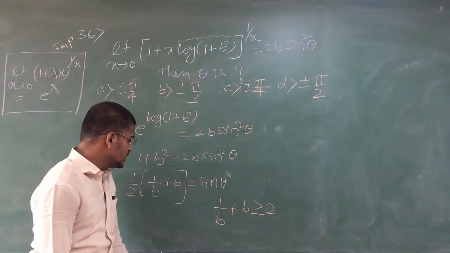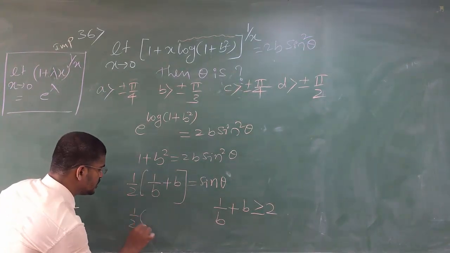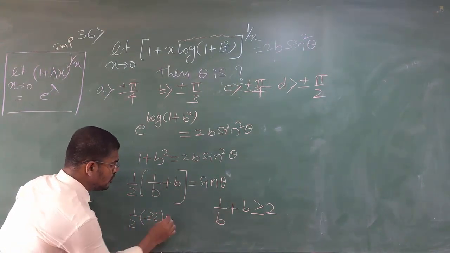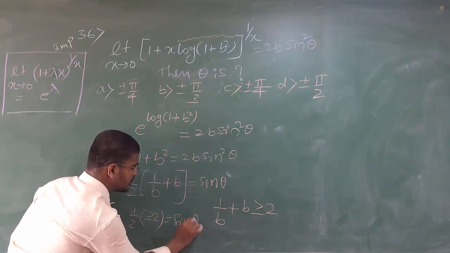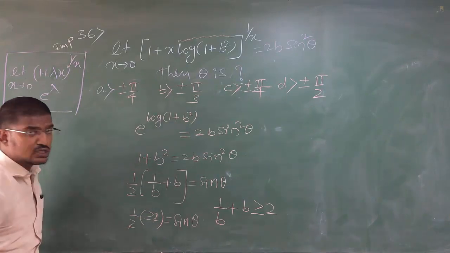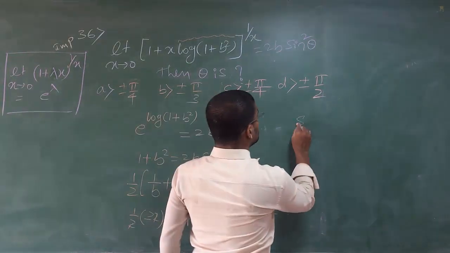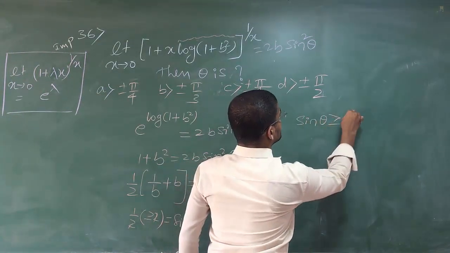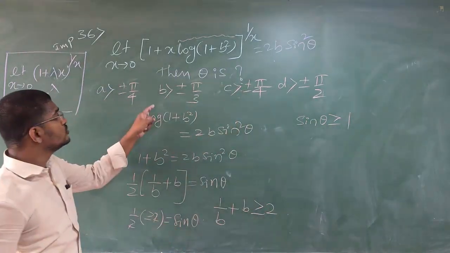For that reason, 1 by 2 into something greater than or equal to 2 equals sin theta. What you are going to have? Cancelled, greater than or equal to 1. That means sin theta is greater than or equal to 1 according to this problem.